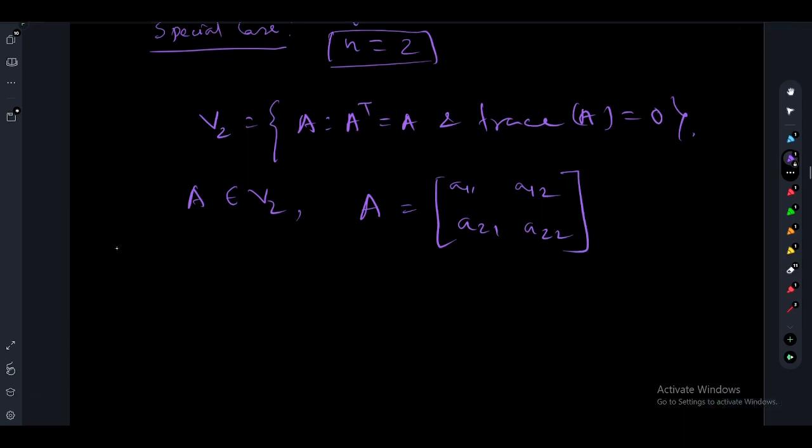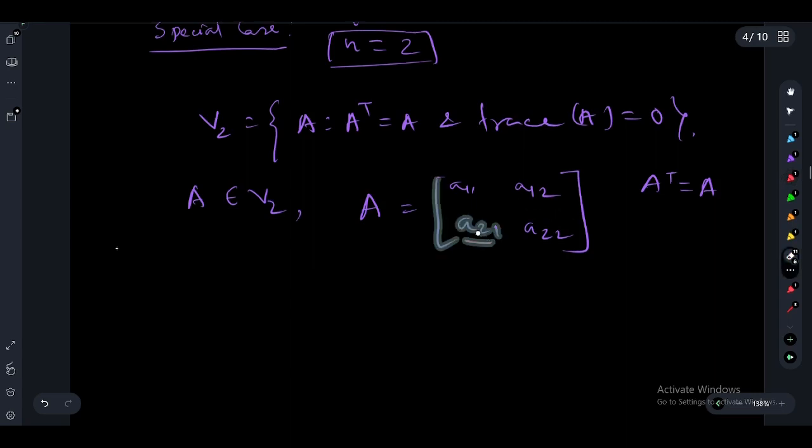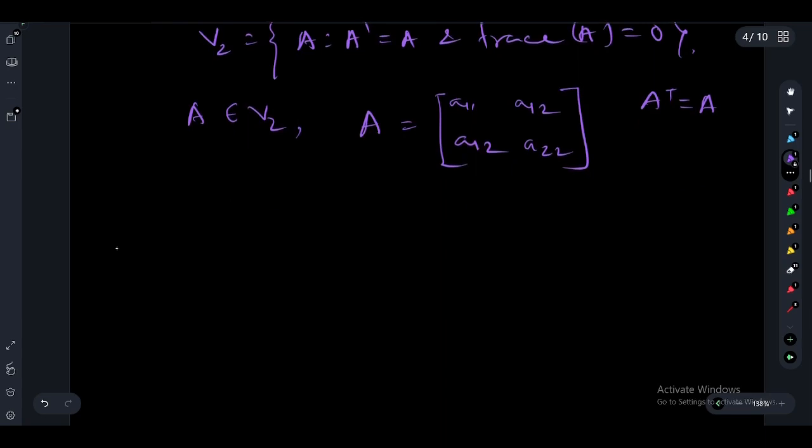Now it is given that A transpose equals A. That means that A21 and A12 are the same. They are equal. In that case, we can replace A21 with A12.